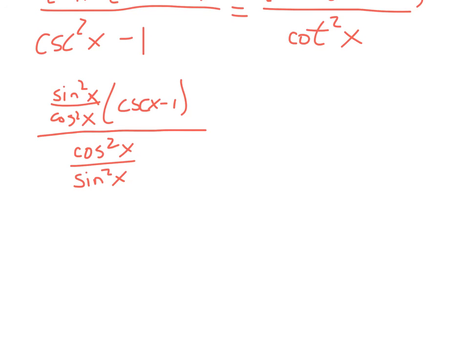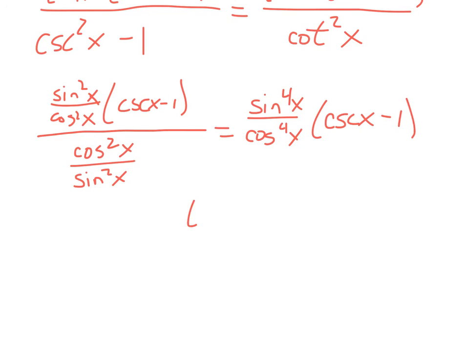So when we keep, change, flip, it's not quite what I thought was going to happen, but keep, change, flip would give us sine to the fourth over cosine to the fourth. And then we can rewrite that as tangent to the fourth. That's not what I thought was going to happen at first glance, but we did accomplish what we wanted to, which was to get it out of fraction form. All right, so give these a try. Learn those identities.